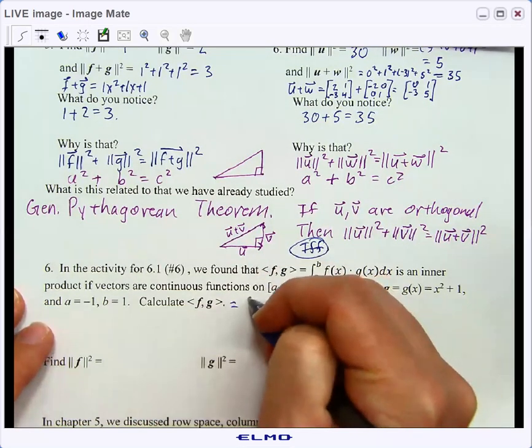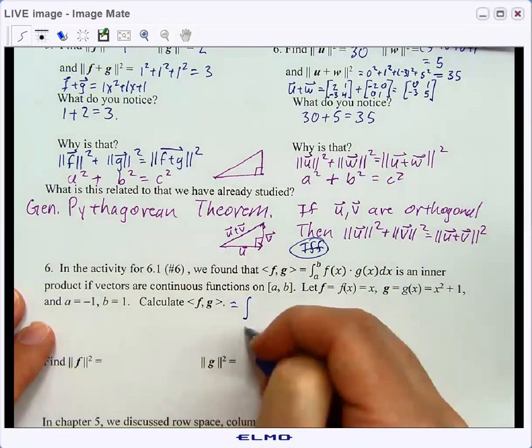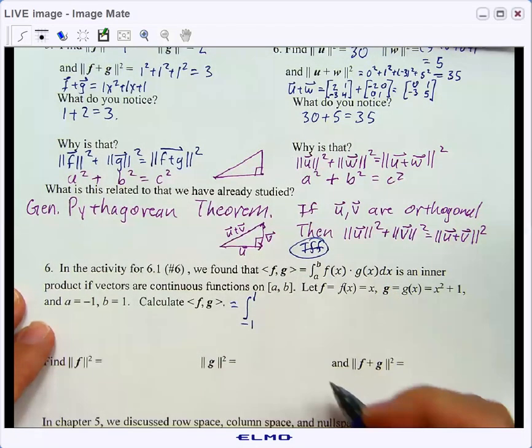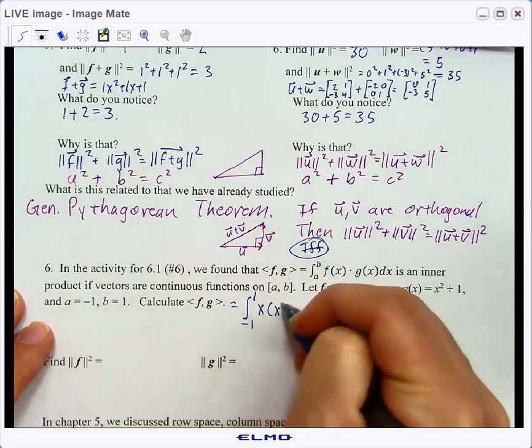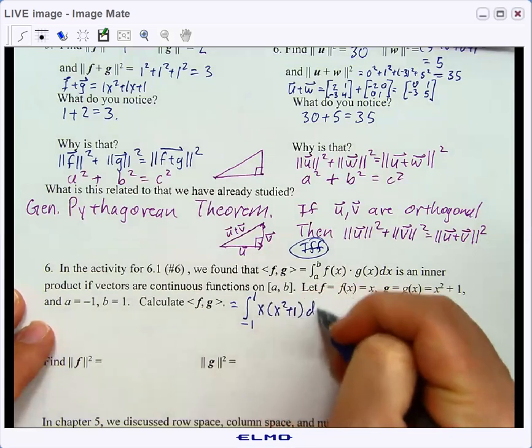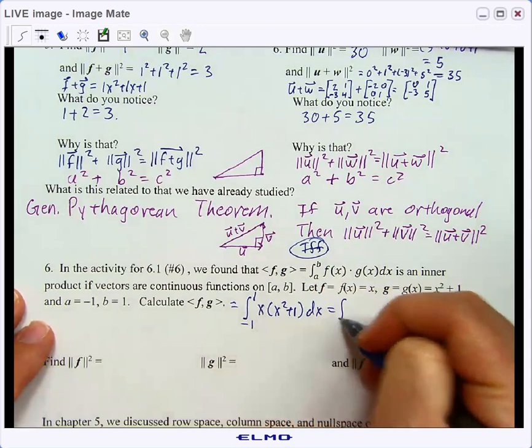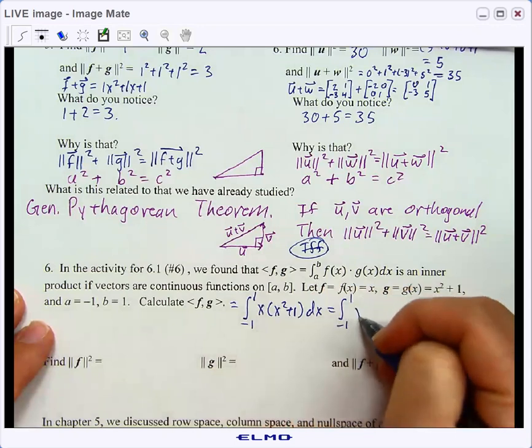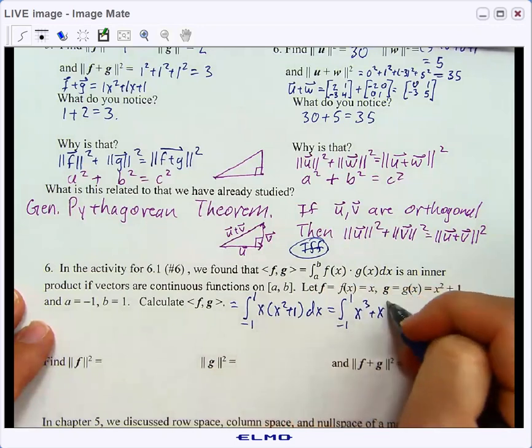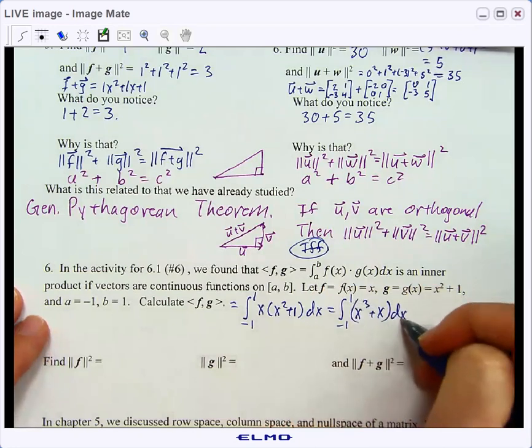So our definition of our inner product here is going to be the integral from -1 to 1 of x times (x squared plus 1) dx, which is the integral from -1 to 1 of x cubed plus x dx.